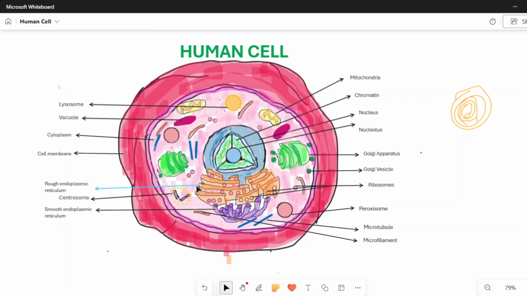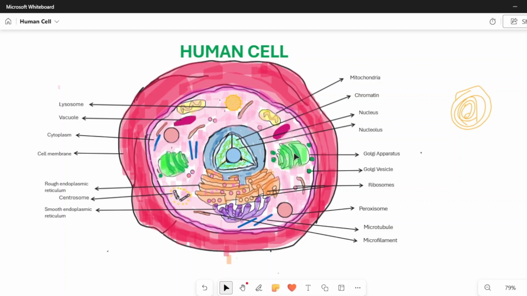So whatever vesicle is sent, if you see, the endoplasmic reticulum has sent the vesicle, and it enters the next organelle, which is your Golgi apparatus.